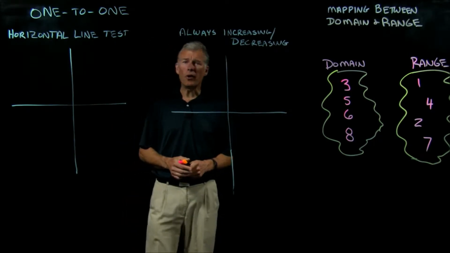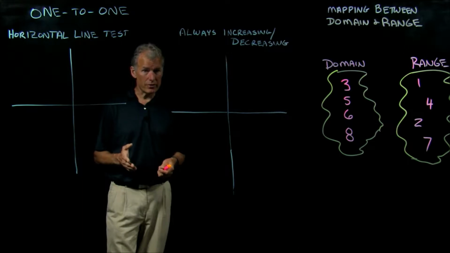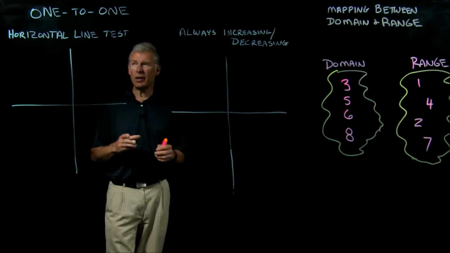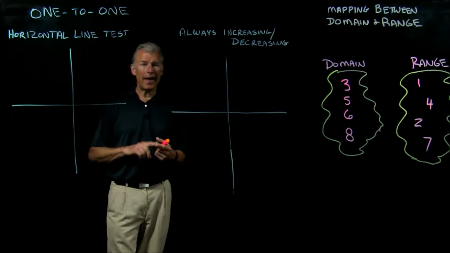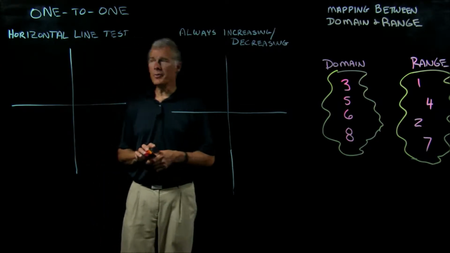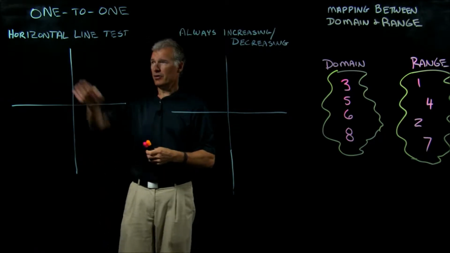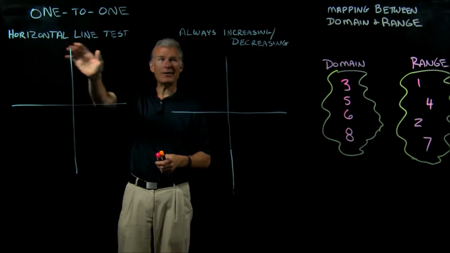All right, so one of the questions I'm sure that comes to mind is, does every function have an inverse? Or in this case, we also want to know, if it has an inverse, is it also a function? And to determine that, we have what we call the one-to-one tests. So we have the horizontal line test.